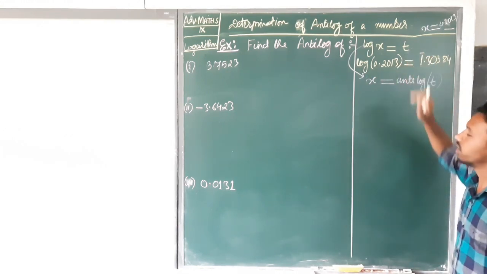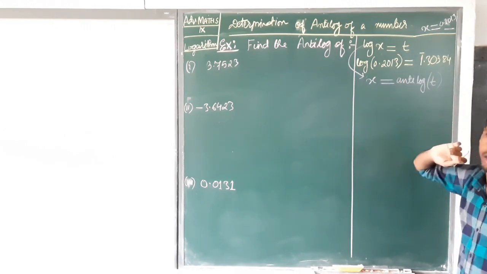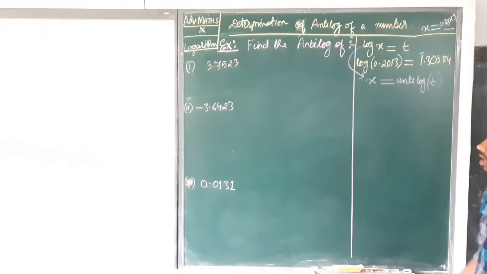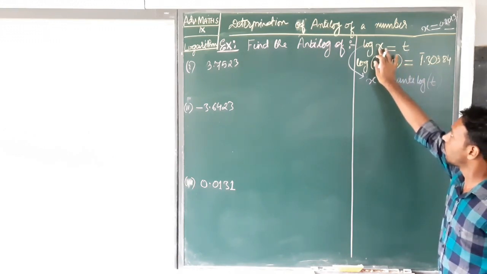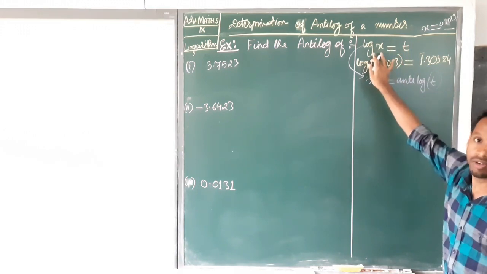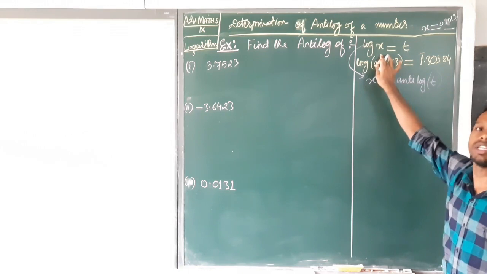Now in this relation, what if we know the value of t? How can we find out the value of x? Instead of knowing the value of x, if we know the value of t, how do we find out the value of x? This value of x we can find out by using antilog. How?